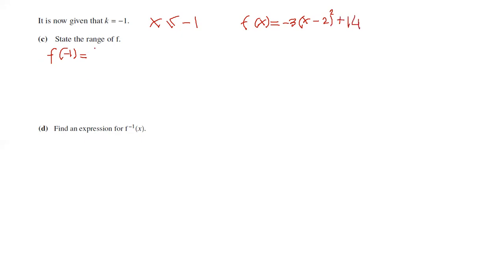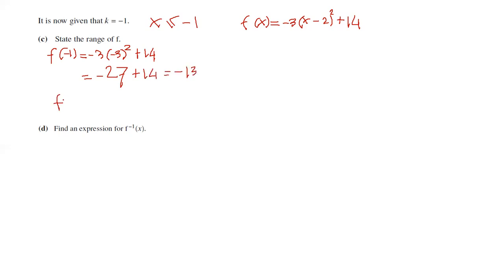So f(-1) means negative 3 times negative 3 squared plus 14. It becomes negative 3 times negative 27... plus 14, or negative 13.